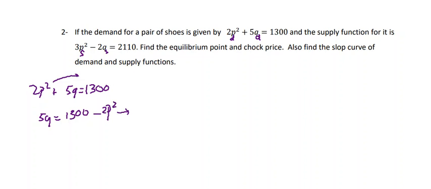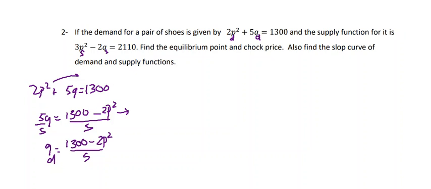Okay, this one will be the equation. So you will divide it by 5. You will get that q is equal to 1300 minus 2p square over 5. Okay, this one will be QD.